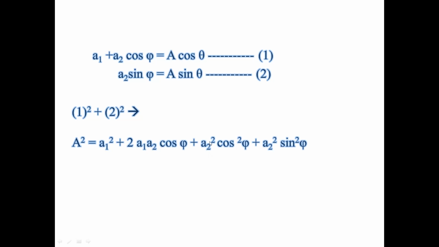Again, a2 square cos square phi plus a2 square sin square phi is equal to a2 square, because cos square phi plus sin square phi is 1.